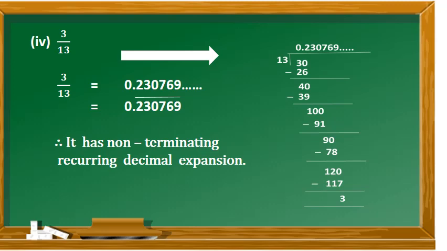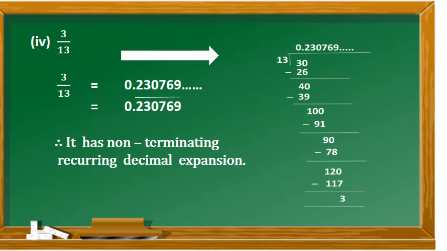Now again add a 0 such that it becomes 10. Observe that 10 is lesser than the divisor. So put 0 in the quotient and add another 0 to 10 such that it becomes 100. 13 divides 100 7 times, that is 13 7s are 91, and 100 minus 91 gives the remainder 9.